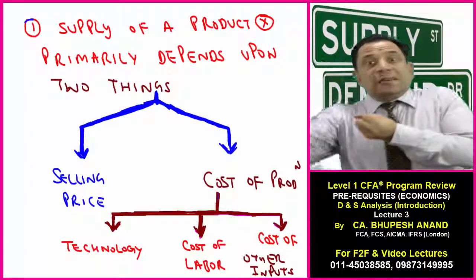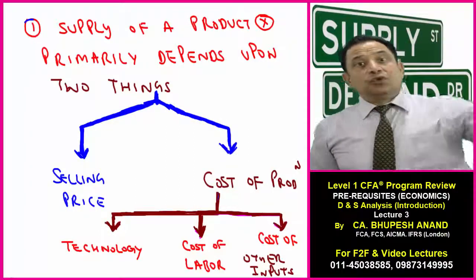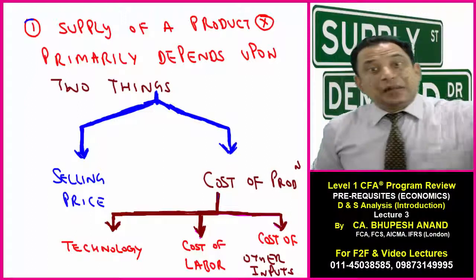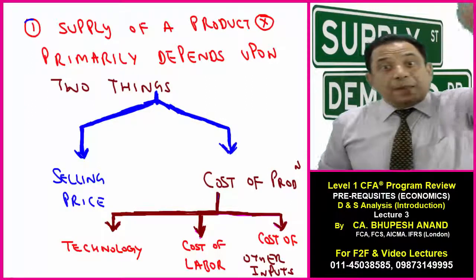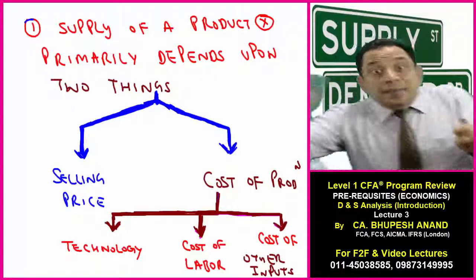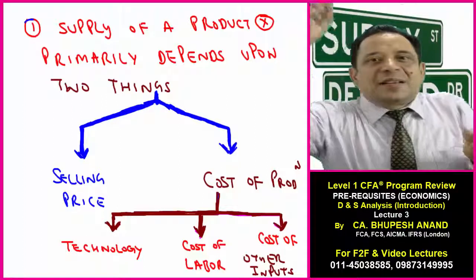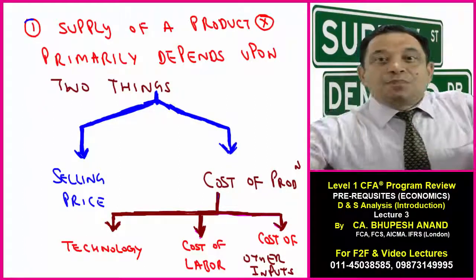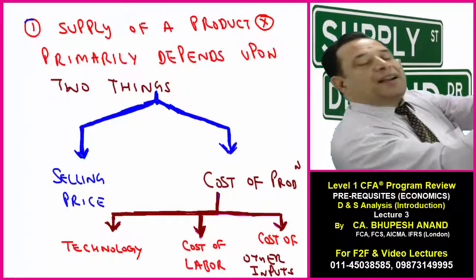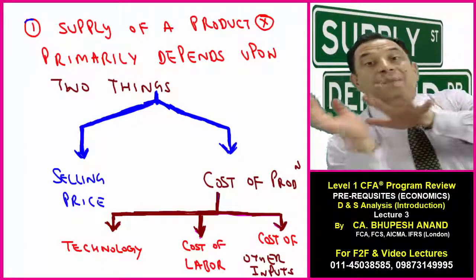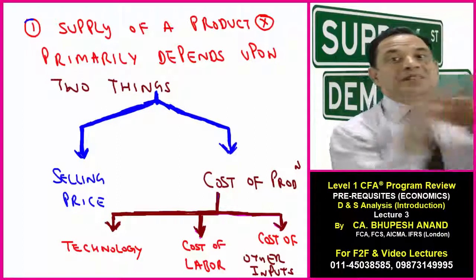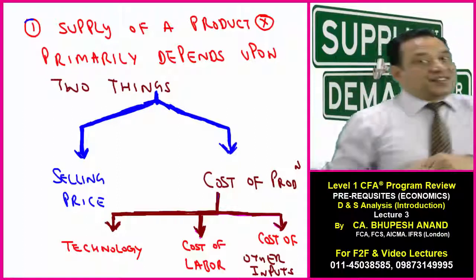The producer supplies the goods, the consumer demands the goods, and we have seen that demand of a good or a product is dependent upon these variables. Similarly, supply of goods by a producer to the product market depends upon different factors.